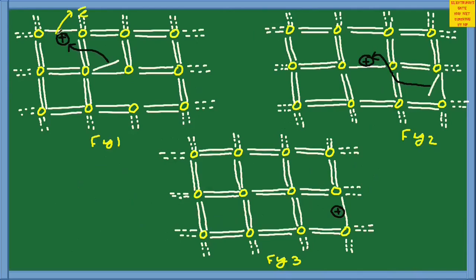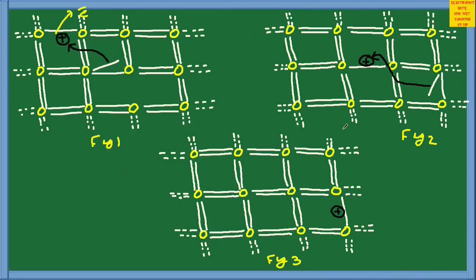So here now the bond is completed and here there will be a positive ion, that is shown in this second figure. Now the process continues and this positive ion will attract electrons from its neighboring bonds, and here we can see this bond breaks and the electron moves from here to here. And here the bond is completed and here we will have a positive ion, that is shown in this third figure.